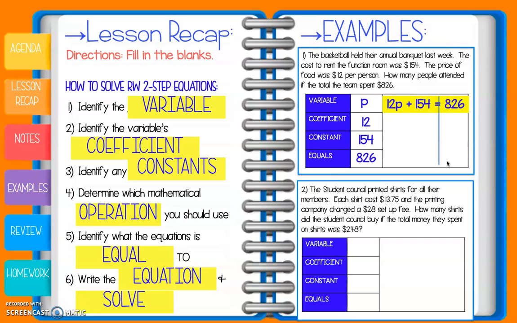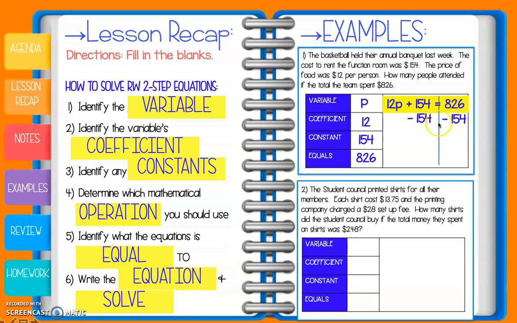So using SADMEP, using the reverse order of operations, first I see that I need to cancel out this plus $154. To do that, I'm going to subtract $154. And whatever I do on the left, I have to come over here and do the exact same thing on the right.